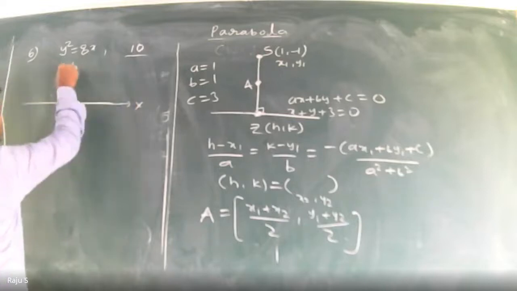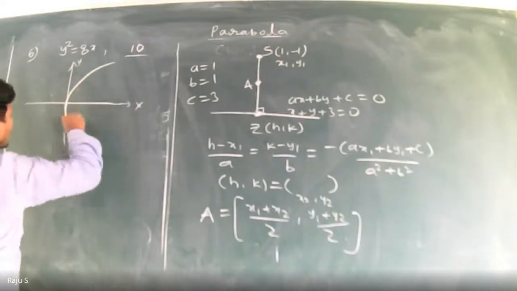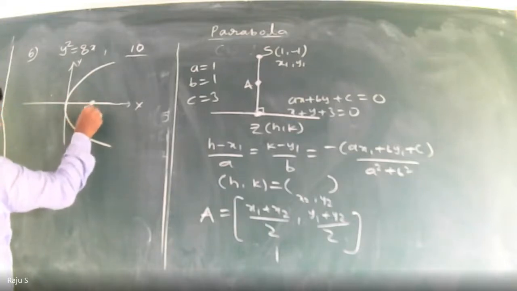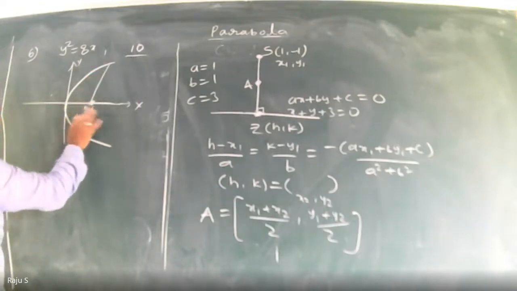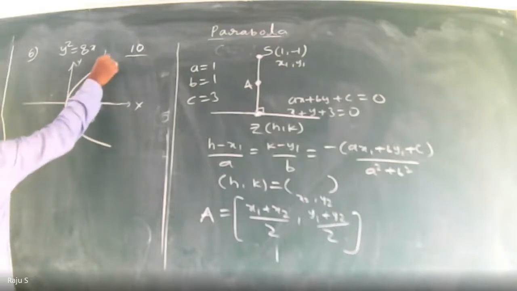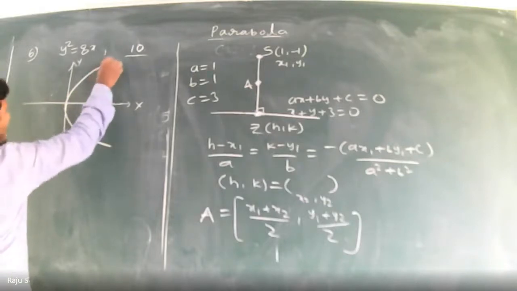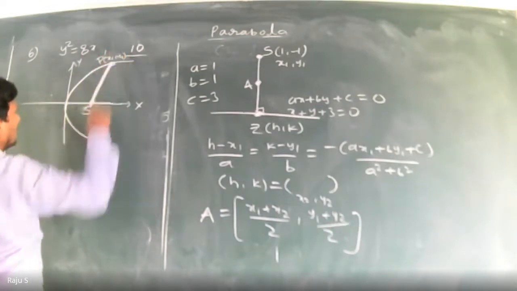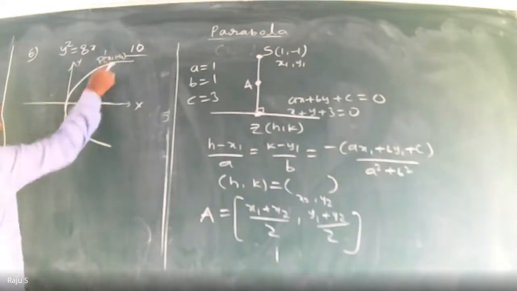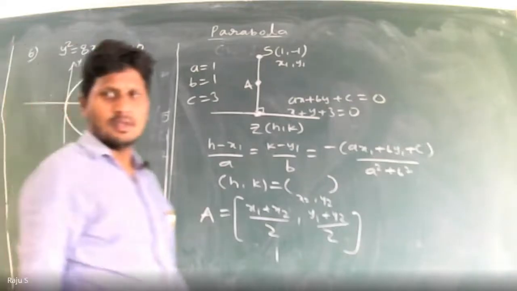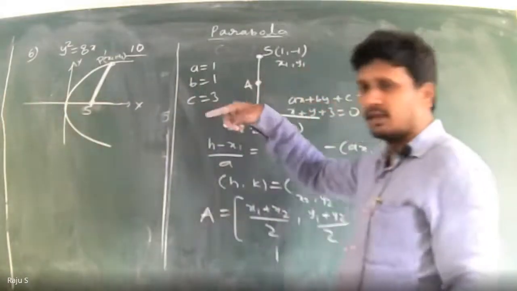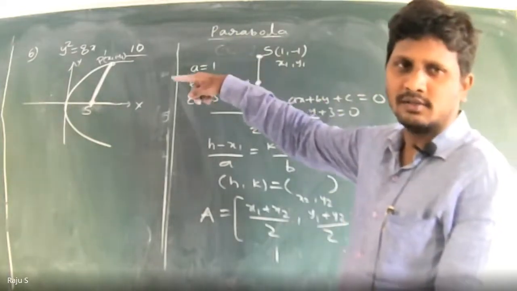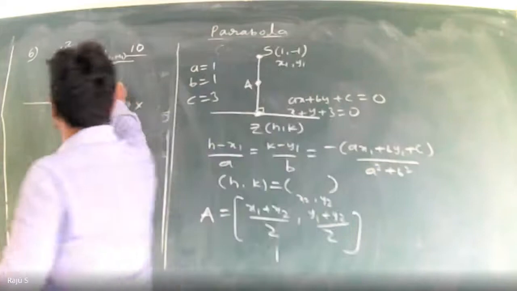On the x-axis, y-axis, this is the parabola, this is the focus. Focal distance means the distance from any point on the parabola, like P of x1 comma y1, to the focus S. That is PS, called the focal distance, and it is given as 10.